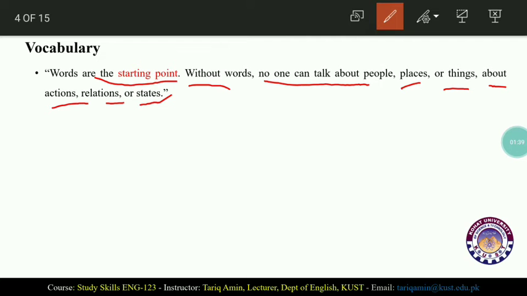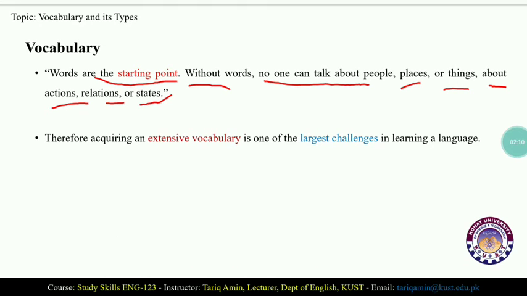Without words, you cannot talk about people, places, things, states, relations, and actions. You need a stock of words in order to talk about different people, places, things, relations, states, or actions. So words are very important. You should have a stock of words.